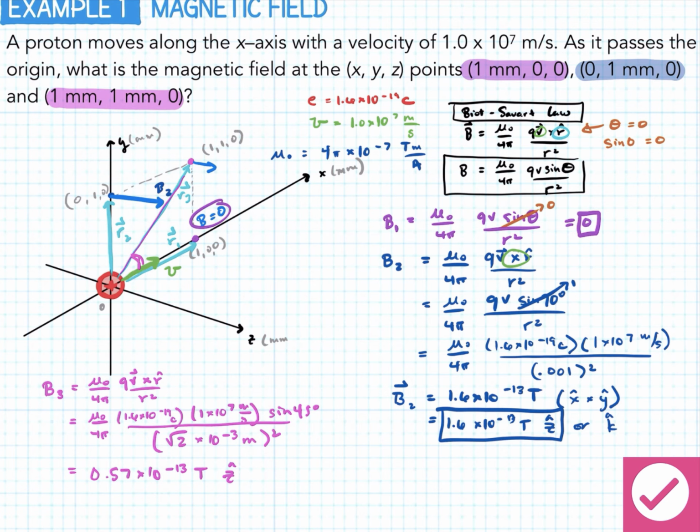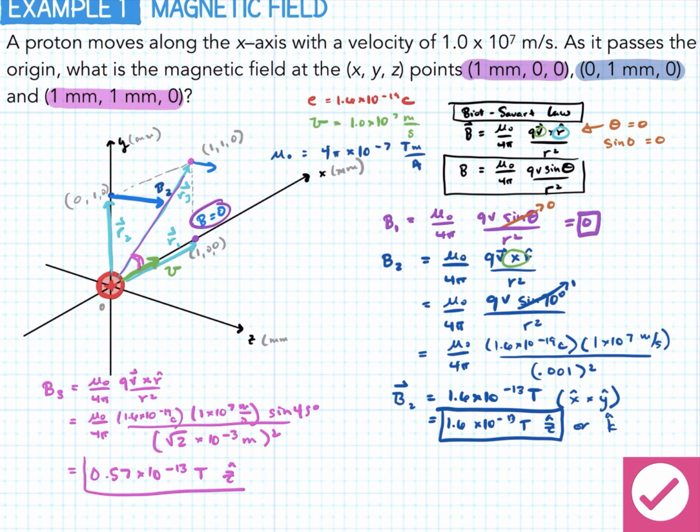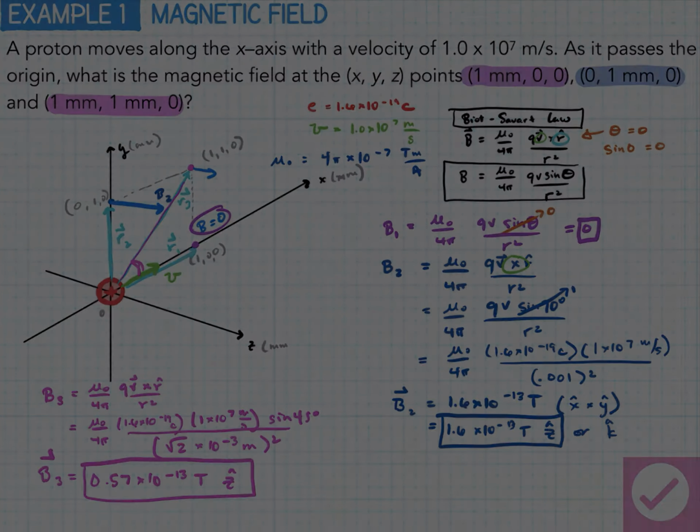And we also just know, because this thing is tangent to this circle, it should point out like that as well. So that's our final point. You can also write this as k hat. And now we have all three of our answers from the Biot-Savart Law.